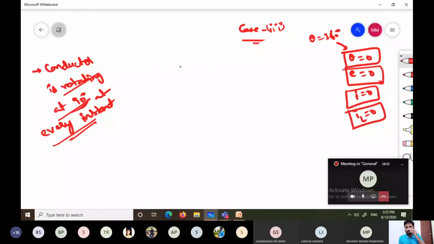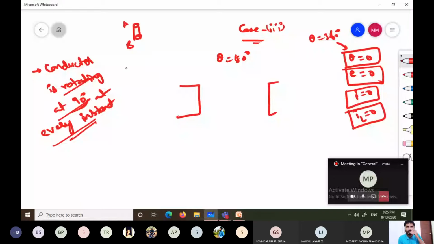See, in the third case, θ equals 180. When θ equals 180, again the conductor position is like this. Now 180 means it will go to the initial state, but suppose the conductor has directions like this. This is A end and this is B end.